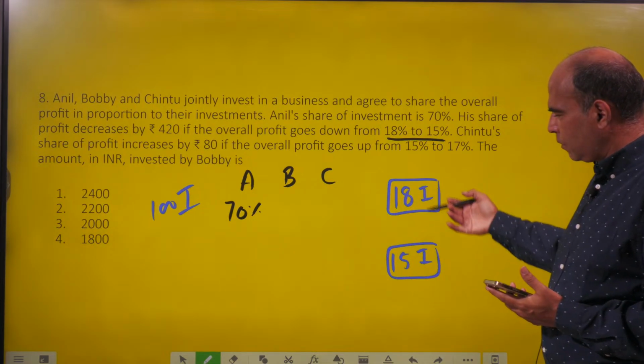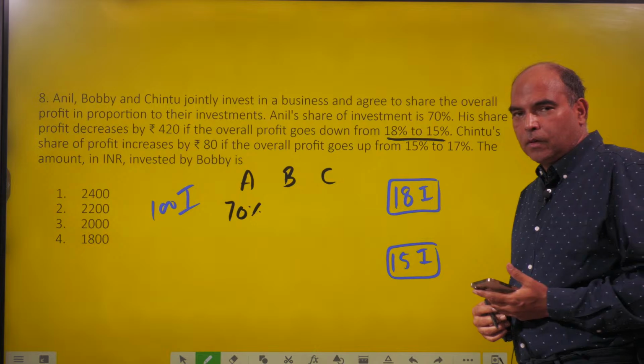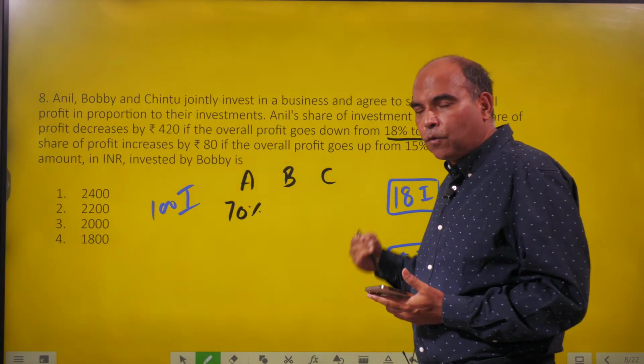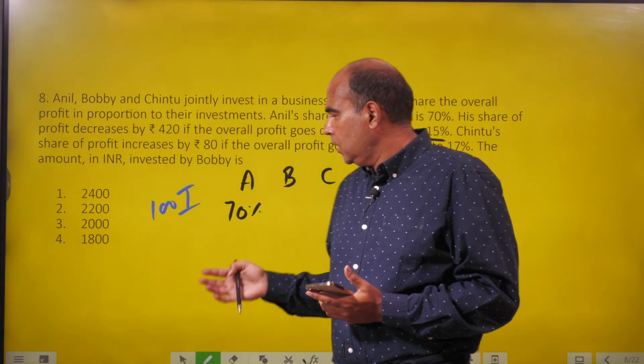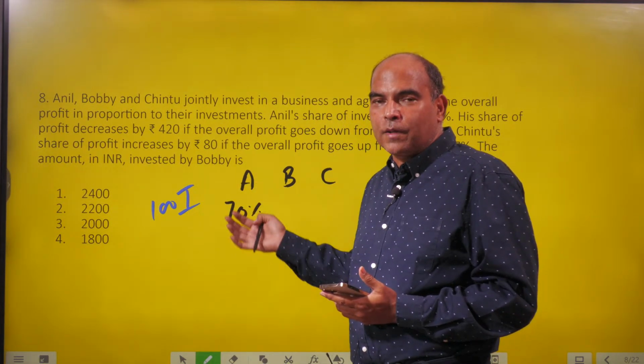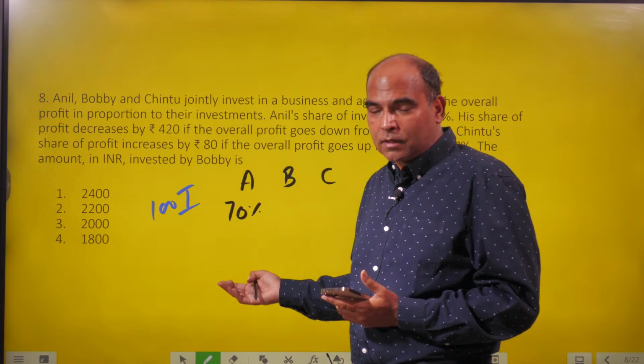So I'm losing 1/6 of the profit here. And when I lose 1/6 of the profit overall, each of the people, because the profit is shared in proportion to their investments, will be losing 1/6 of their profits.